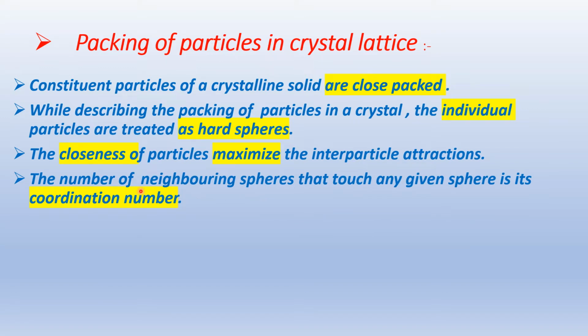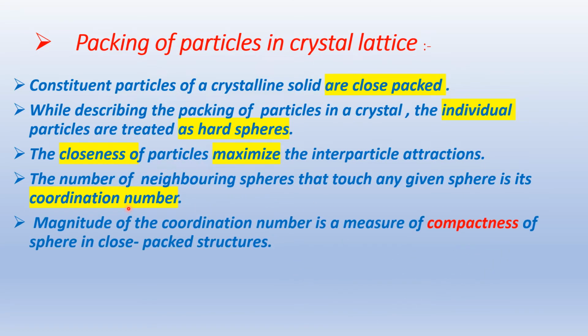Next one, the number of neighboring spheres that touch any given sphere is its coordination number. Next one, the magnitude of the coordination number is a measure of compactness of spheres in close packed structures.